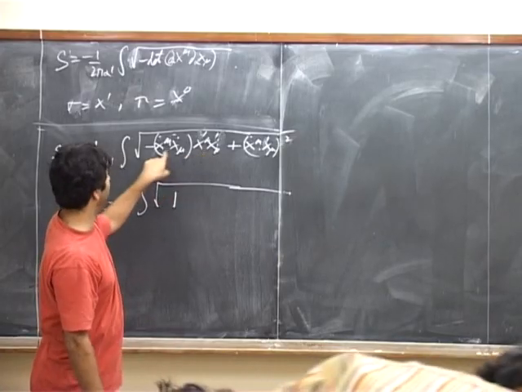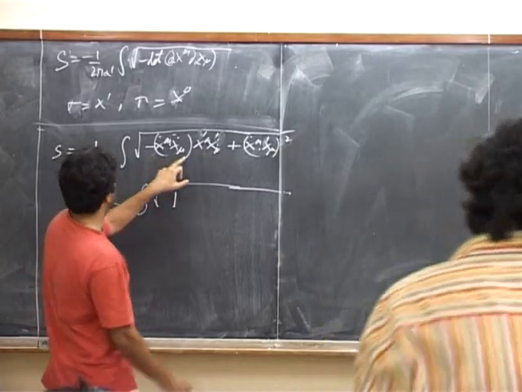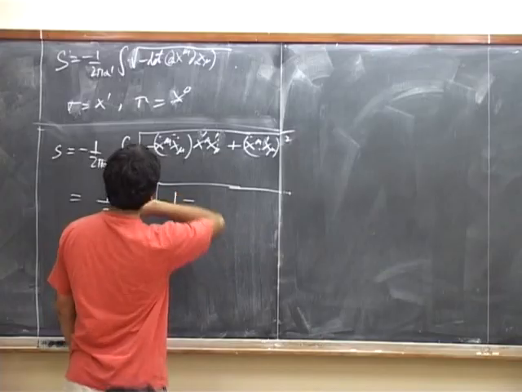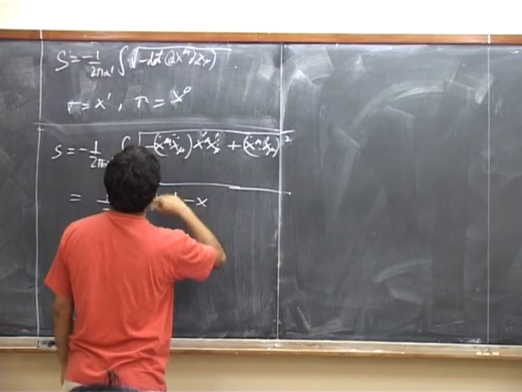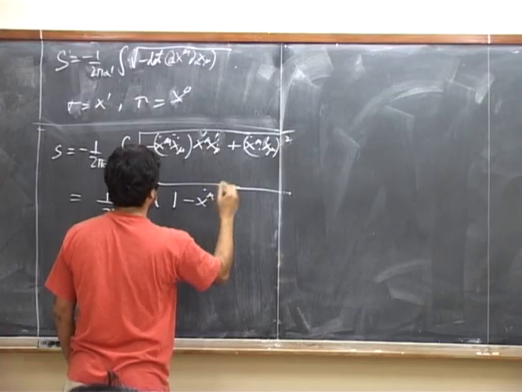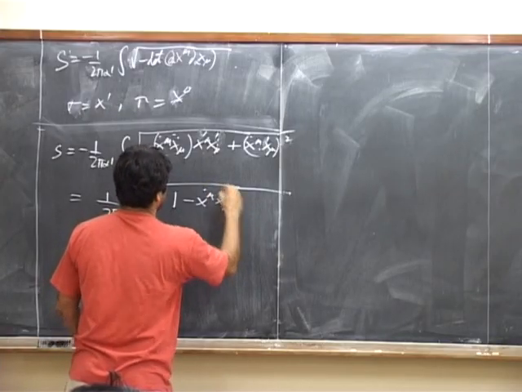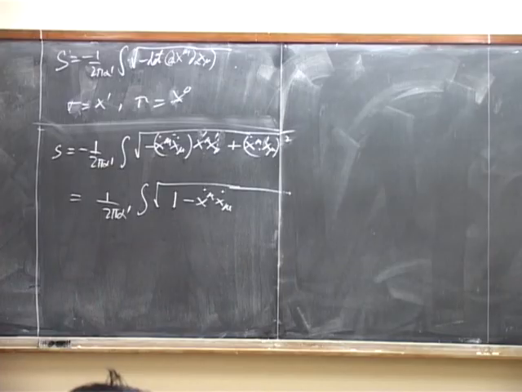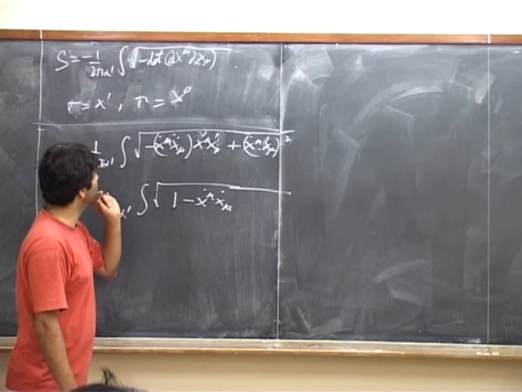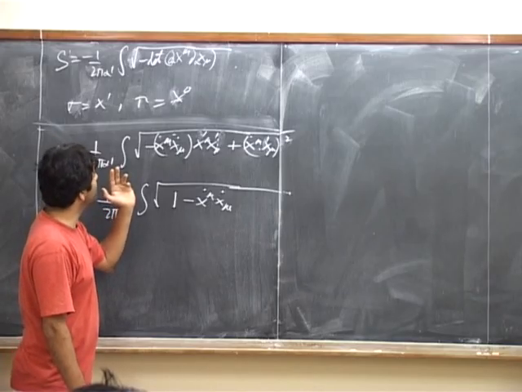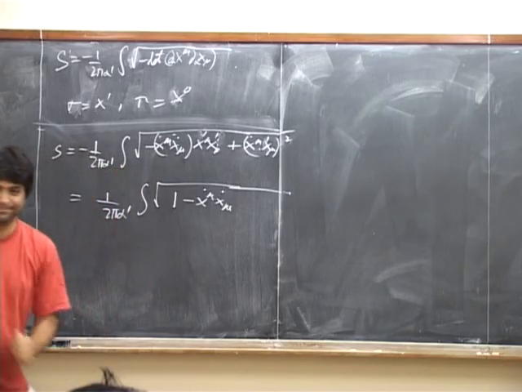So background here and fluctuation here gives us minus x mu dot x mu dot. Now this mu should become i.